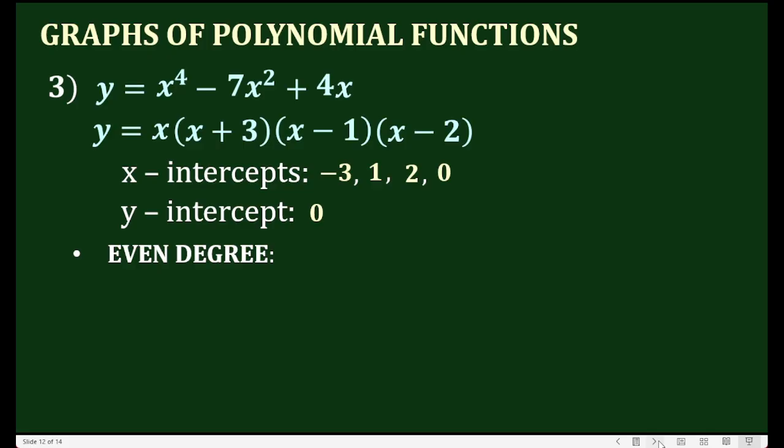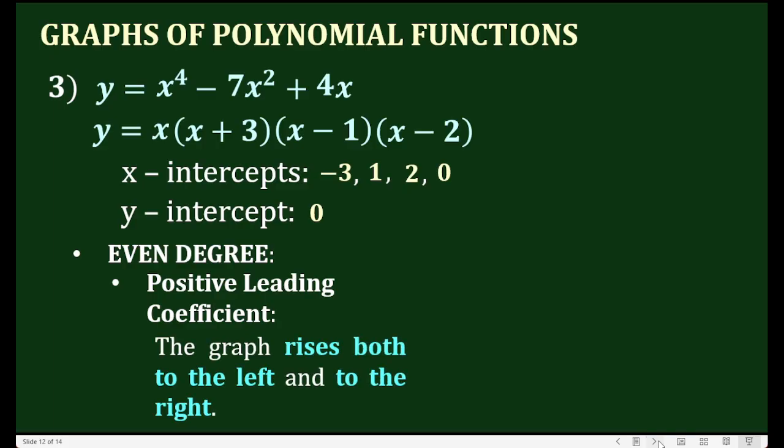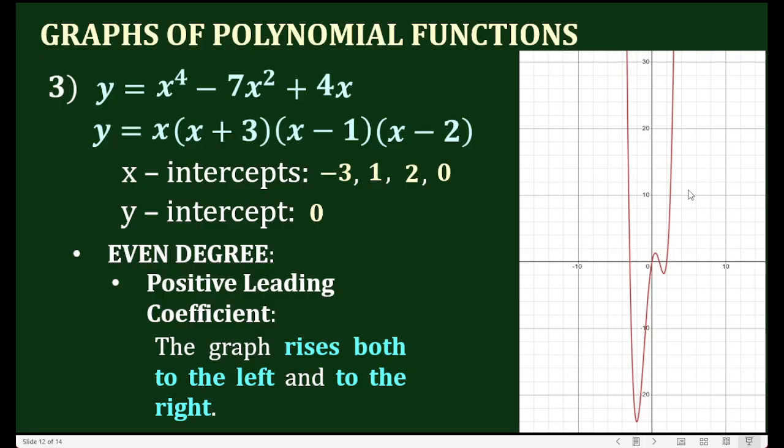And then for the degree and the leading coefficient, to determine the end behavior, we have an even degree with a positive leading coefficient, which means the end behavior of the graph is what? The graph rises both to the left and to the right. And this is the graph.